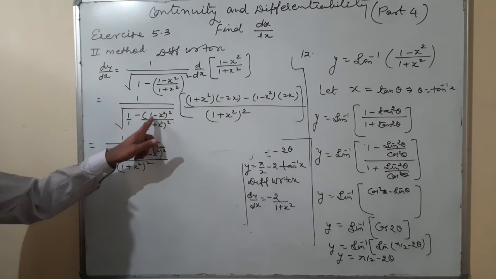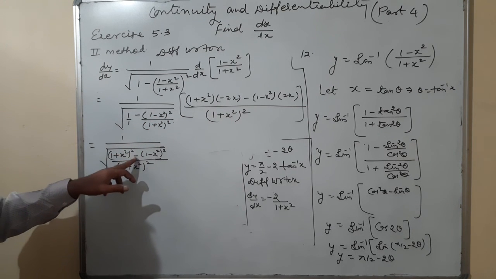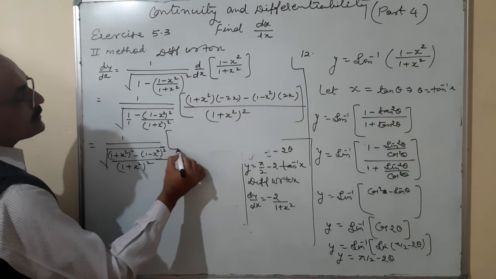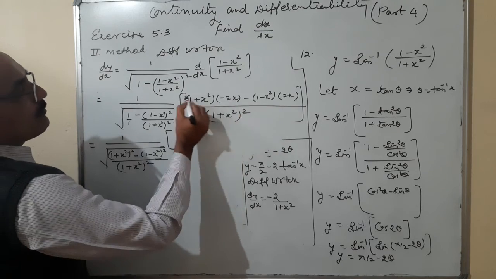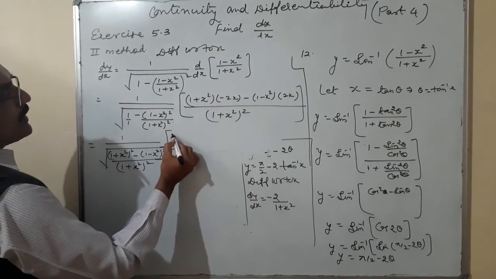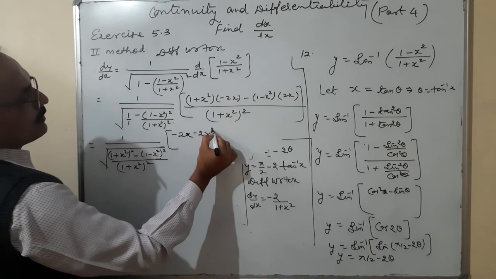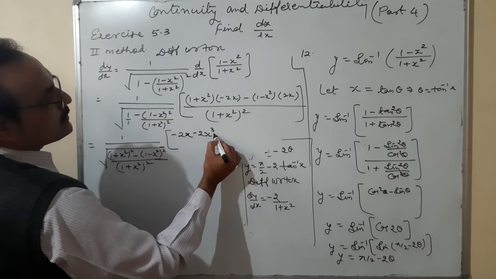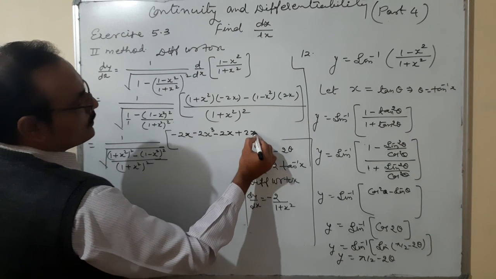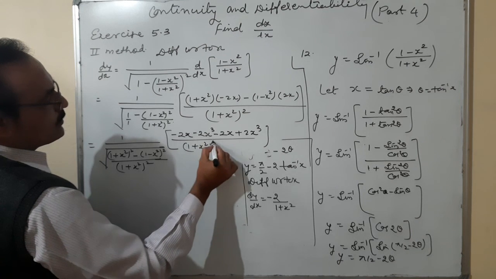Because 1 minus x square is already there, so LCM is 1 plus x square whole square minus 1 minus x square whole square upon 1 plus x square whole square. And here, if I multiply it inside, it is coming minus 2x cube, it is minus 2x and minus minus plus 2x cube upon 1 plus x square whole square.